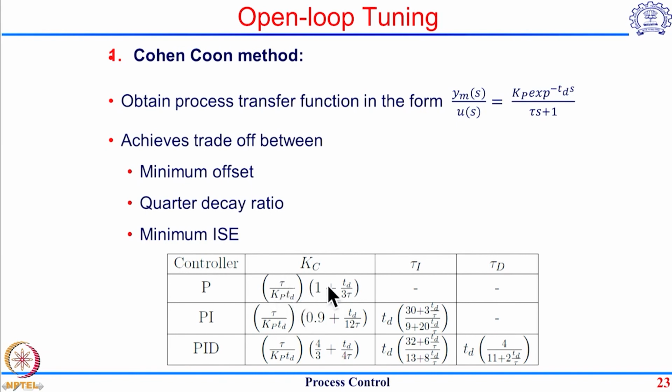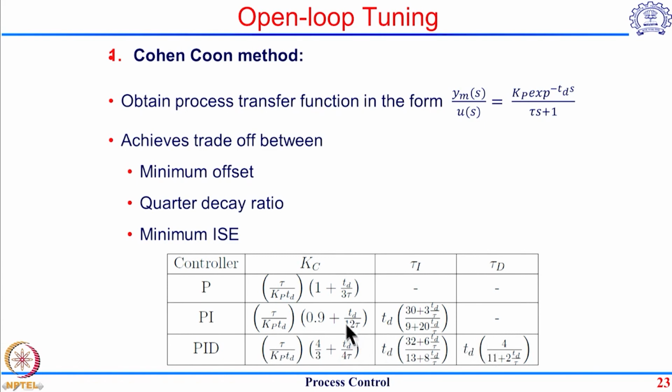So once you have the values of this first order plus dead time model, which is a gray box model, you can obtain the value of the best controller gain for a P controller. If it is a PI controller, then this is how the gain would be calculated, and this is how the integral time constant will be calculated. And for a PID controller, these are the values recommended by the Cohen-Coon method.